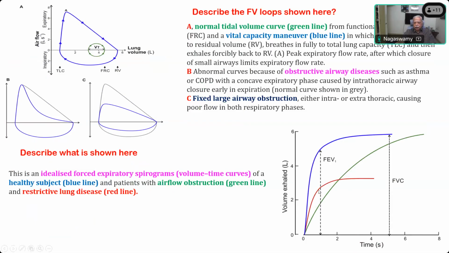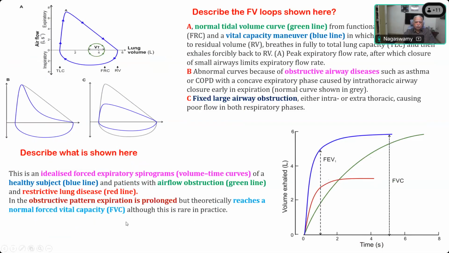Whereas in restrictive pattern, he is also not able to achieve the FEV1, and his FVC also is not achieved. So the ratio becomes normal. Whereas here, the FVC is larger and the FEV1 is shorter, so the ratio becomes reduced. So these are the three conditions: normal, restrictive pattern, obstructive pattern.